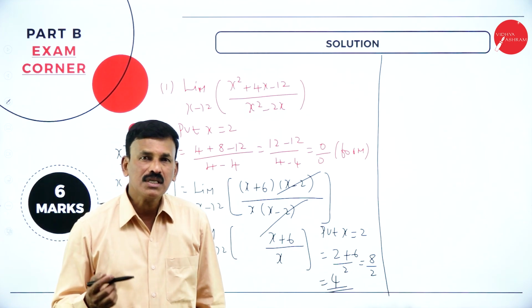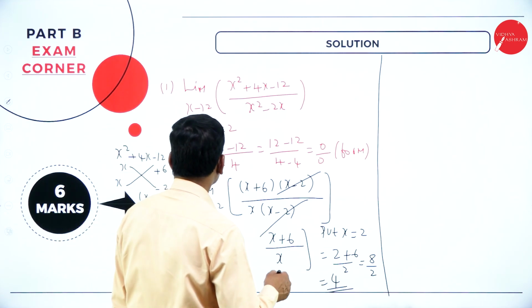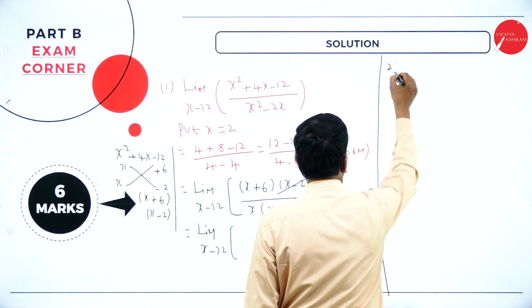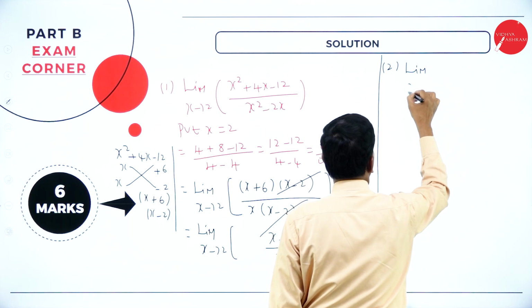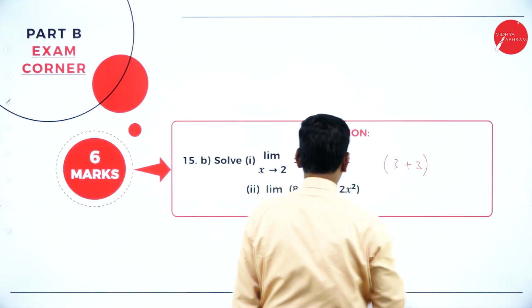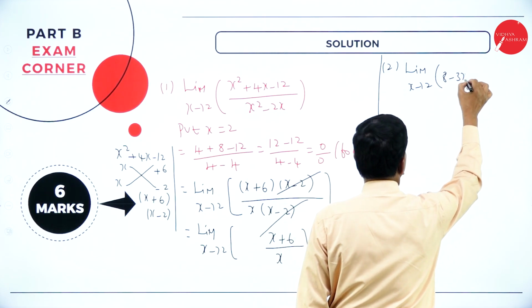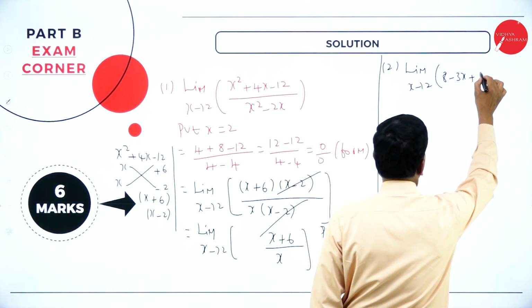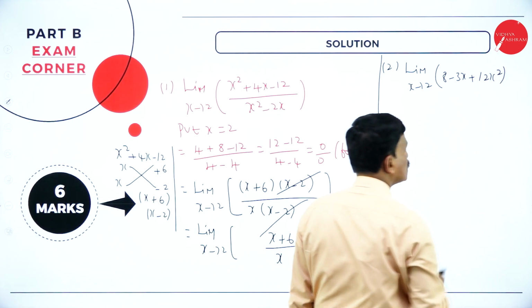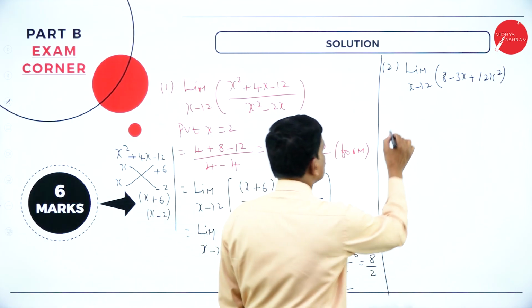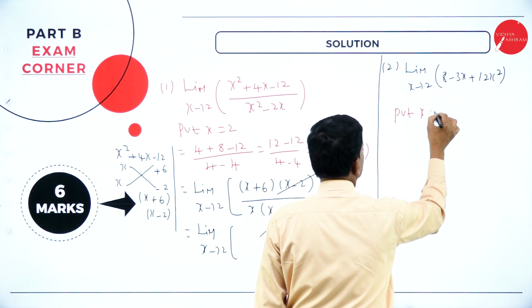Now move on to the second part of this problem. What is the second part? Limit x tends to 2 of 8 minus 3x plus 12x square. Here also the same, put x is equal to 2.